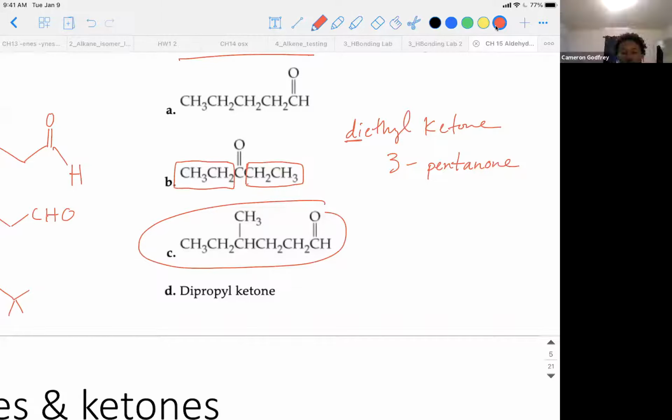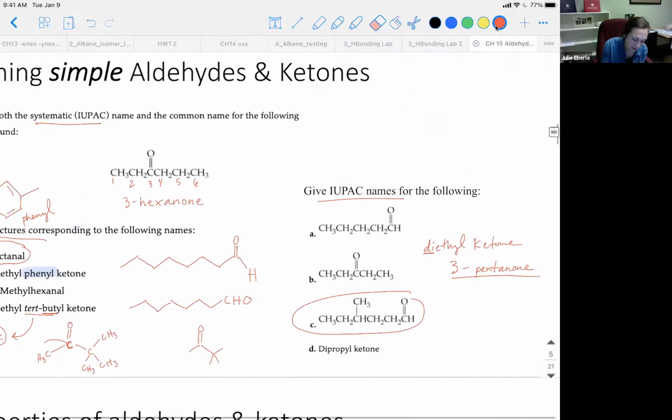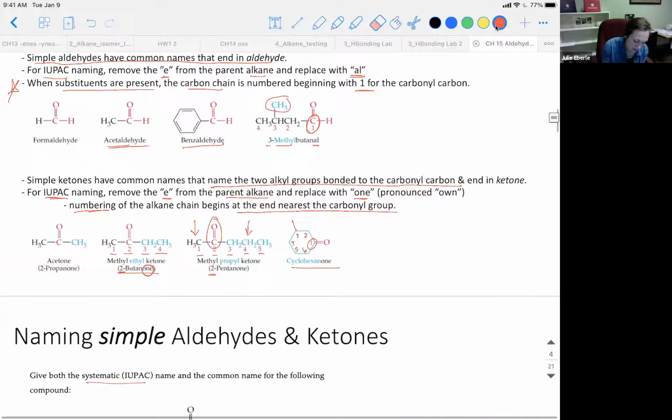Oh, I thought that was considered the main chain. It is. For the systematic naming, that's why we named it 3-pentanone. There are 2 styles of naming, and the rules are right here. Common names name the 2 alkyl groups bonded to the carbonyl carbon, and then they add the word ketone.